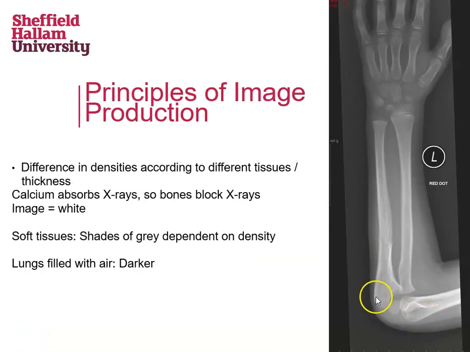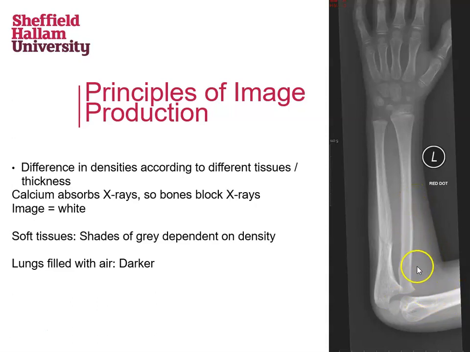So this is just the classic X-ray that you'll be familiar with, where we've got bones blocking the X-rays. Bones are very dense in calcium. Calcium absorbs X-rays very well, so we get blockage of X-rays passing from the X-ray source to the detector wherever we've got thicker bone.